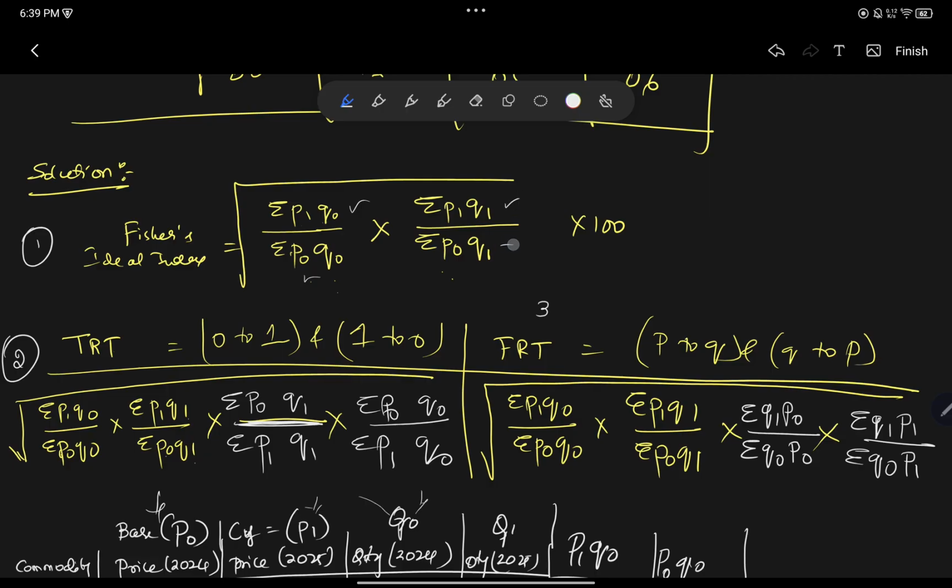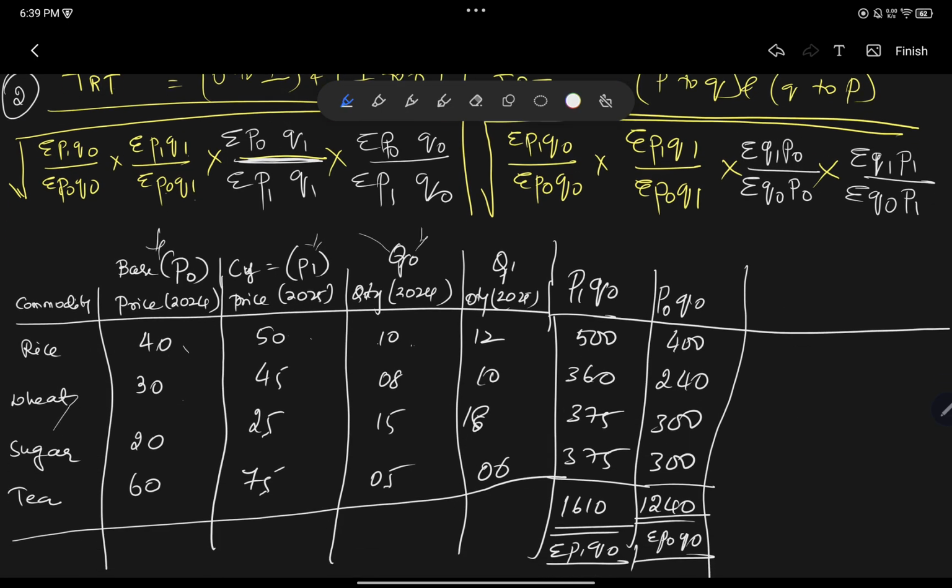Now this part, summation of P1 Q1. P1 is here, Q1. Okay, P1 Q1. First P1 Q1. P1 is 50 into 12, which is 600.